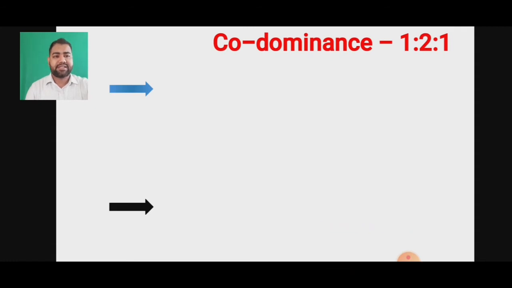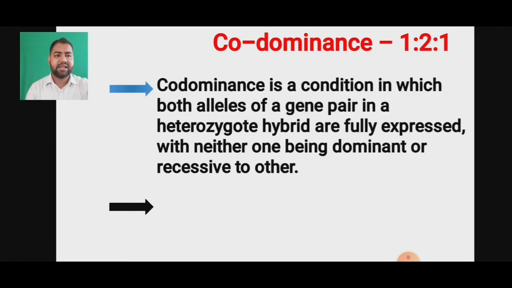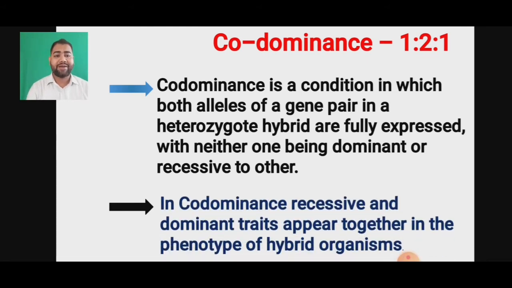The second deviation is codominance. The ratio of codominance is also 1:2:1. First of all, we have to know what is codominance. Codominance is a condition in which both alleles of a gene pair in a heterozygote hybrid are fully expressed.